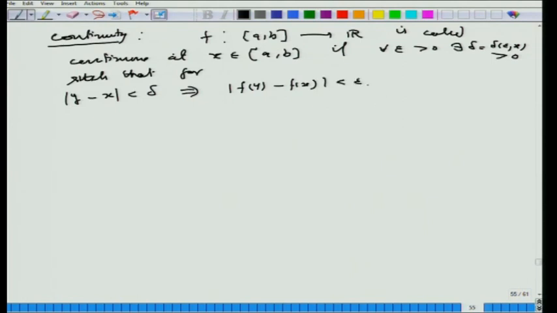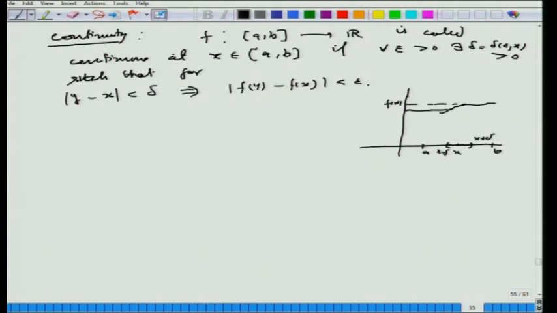So, here it is like this: a and b and the function here. Let us say at this point x, what should happen? If we take a neighborhood around this, all y's in this delta neighborhood, this is x minus delta to x plus delta, in this interval wherever that y is, this is f(x).